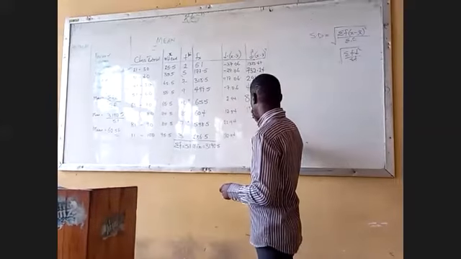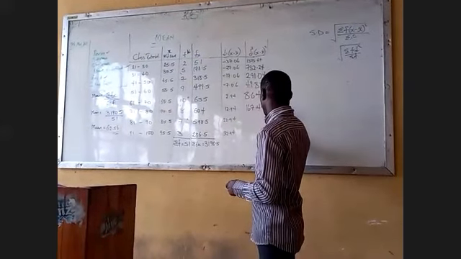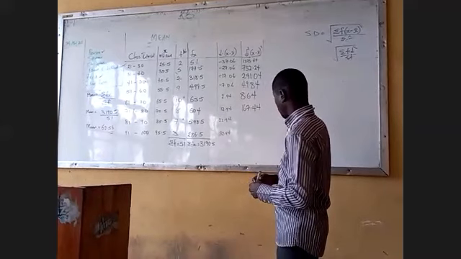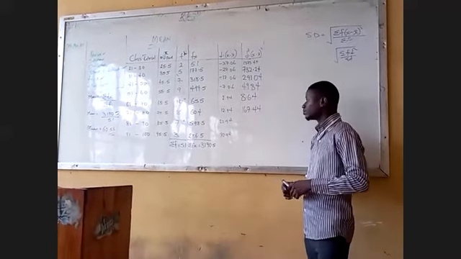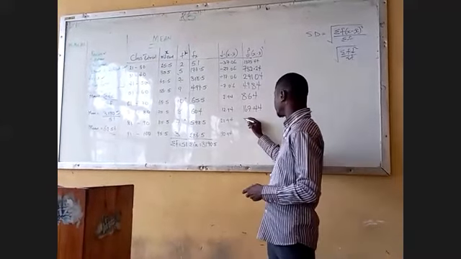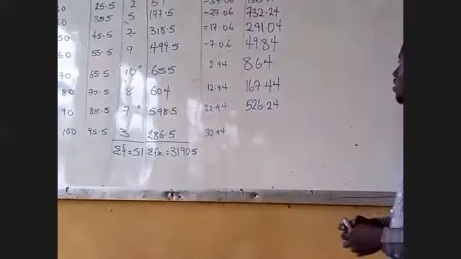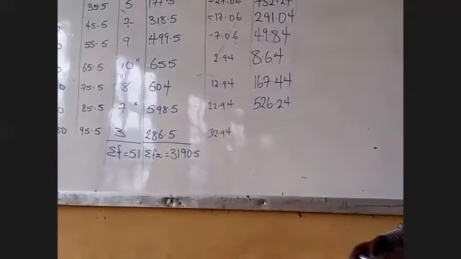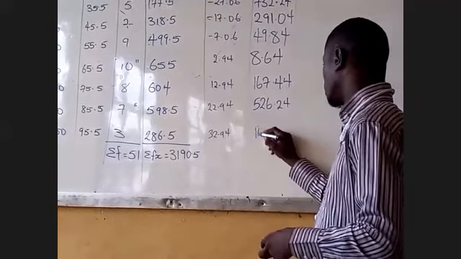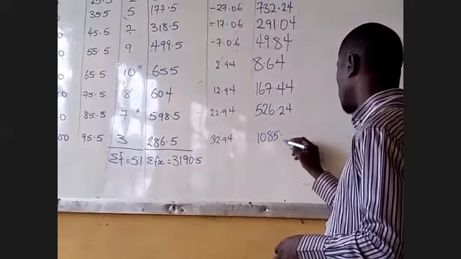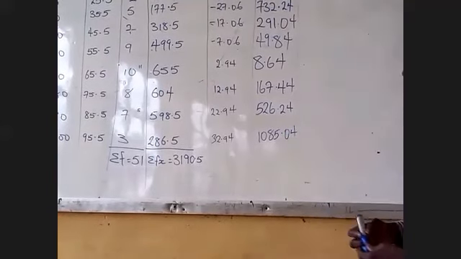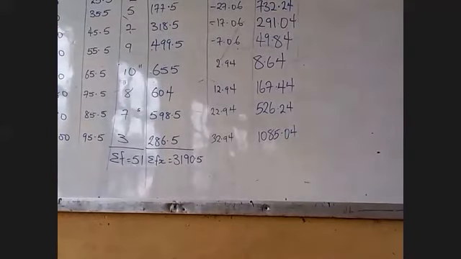Okay, 2.94. Okay, 20.94 squared. Okay, 32.94 squared. Are you sure it's 104? Okay, let's move on.